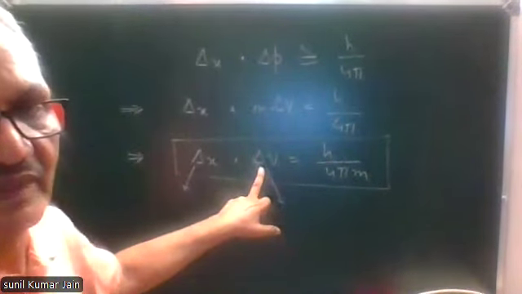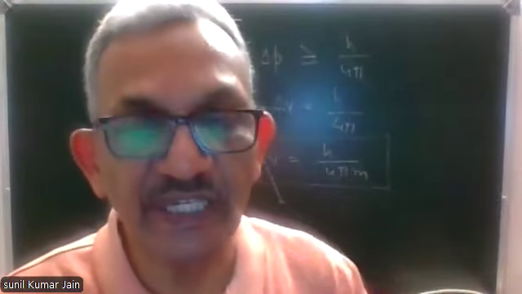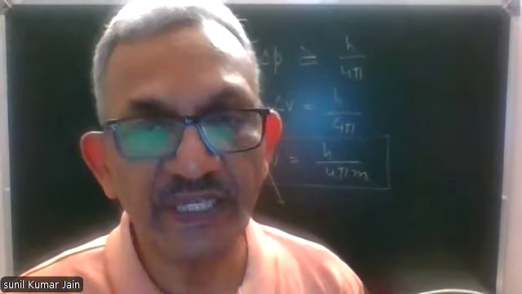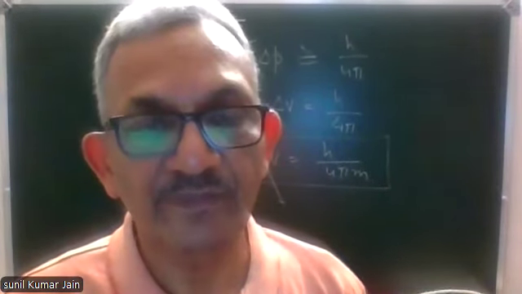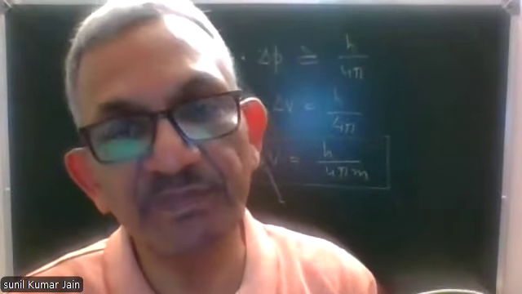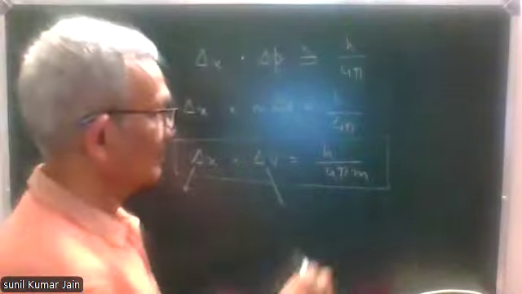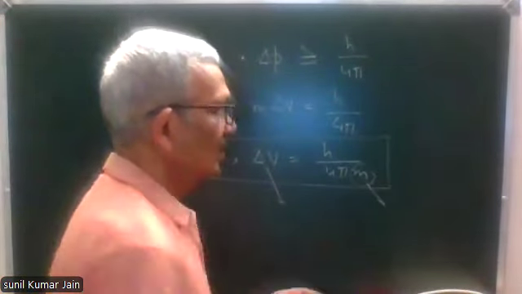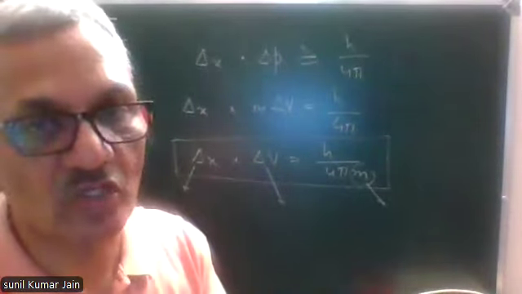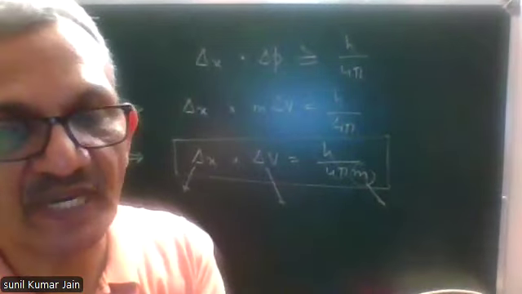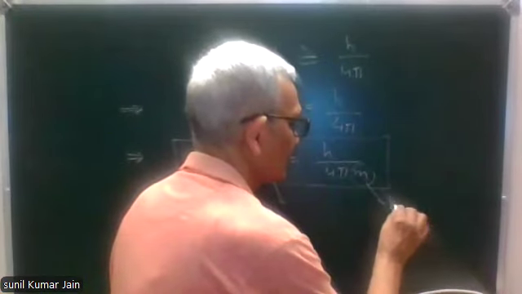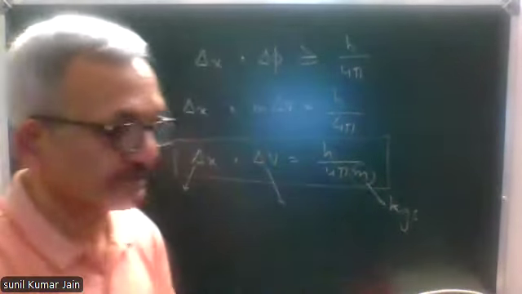Delta v is also uncertainty, again uncertainty means error. Uncertainty in velocity. Within brackets, its units will be meters per second. On the right hand side, h, 4 and pi are constants. m is the mass of the particle in motion, which will be in kilograms.